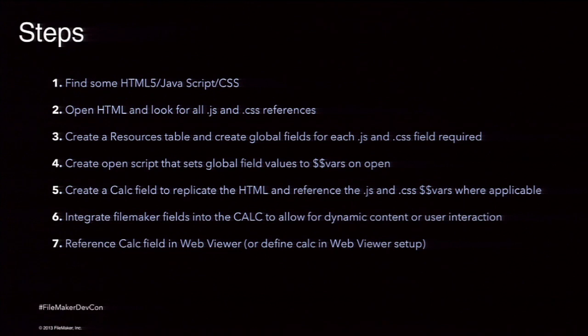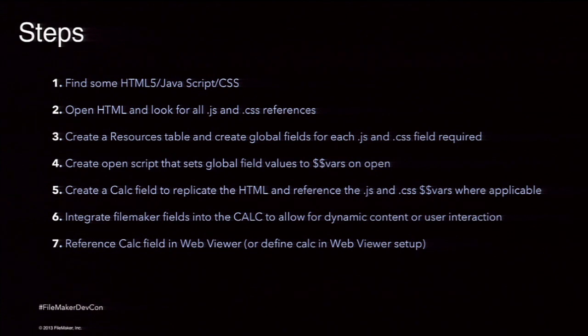Download it, and then you look at those files that I showed you before, and you've got an HTML file, and you've got the JavaScript and the CSS. For all the JavaScript and CSS, we just build a resources table, define a field, and paste that information in there. Then the real work, where we really burn some calories, is creating a calculation field that outputs that same HTML format that we want.